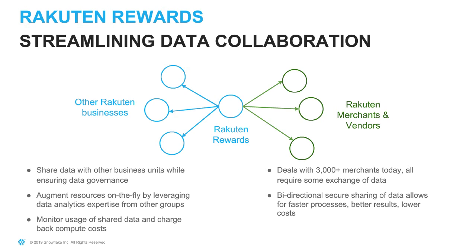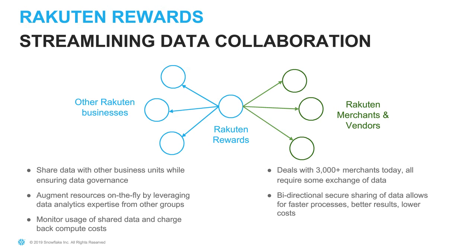So the same data can be enriched, can be masked, can be anonymized based on who is consuming it internally or externally, and monitoring all that in a unified way so they can see these Rakuten businesses are consuming this data, these external vendors are consuming this data, and building business models around that. Again, I think we're just scratching the surface.